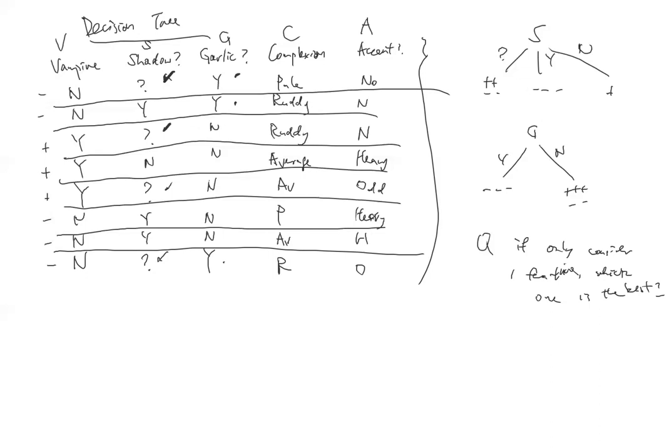But if you just look at the training data set here, now if I just want to pick one feature, okay, someone says shadow. Actually, I don't know. I need to look at the numbers really. Let's see if I write down the numbers eventually.